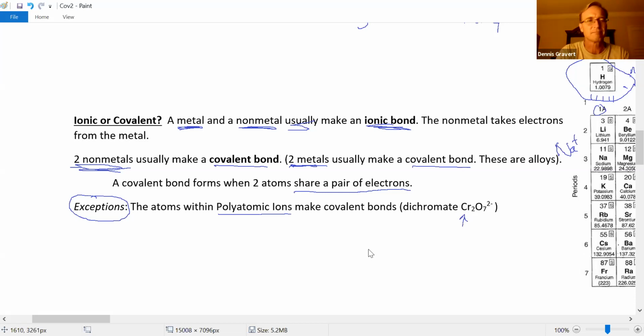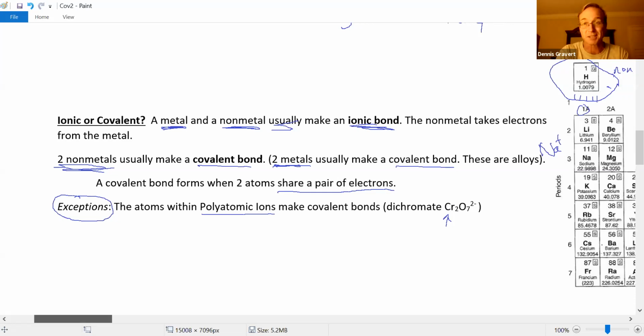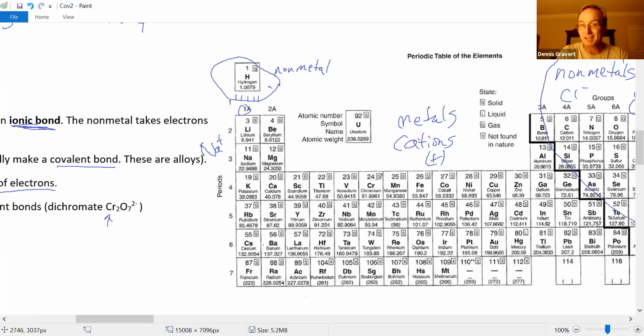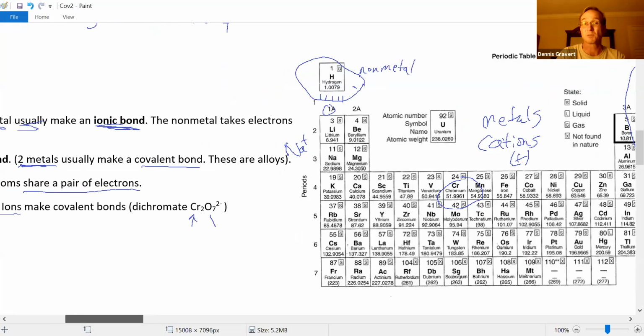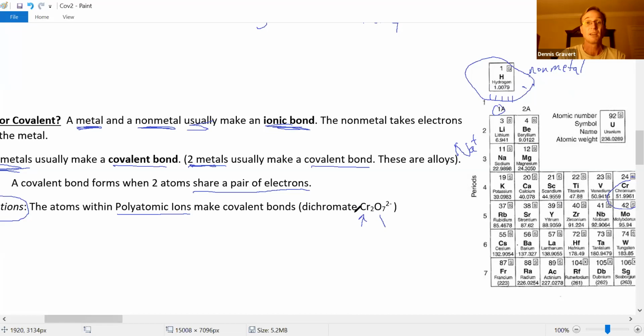If you like cars and you like the chrome on your car, that's chromium metal. So chromium's a metal. And oxygen, where's that? It's on the right over here. It's a non-metal. So I was expecting a metal and a non-metal to make an ionic bond. Ooh, but this is one of the special ones we had to memorize. A polyatomic. Turns out the 2 atoms of chromium and the 7 atoms of oxygen are covalently bonded together.